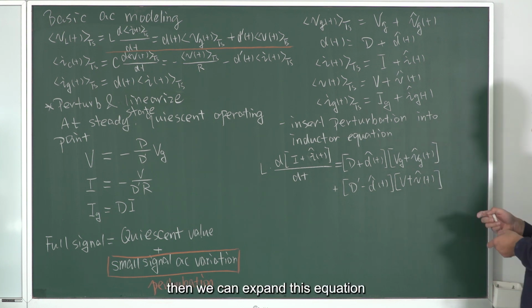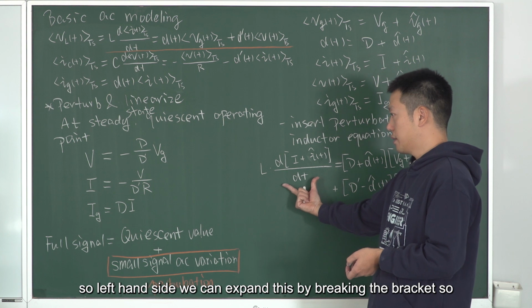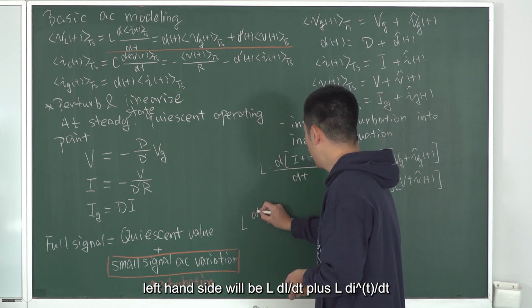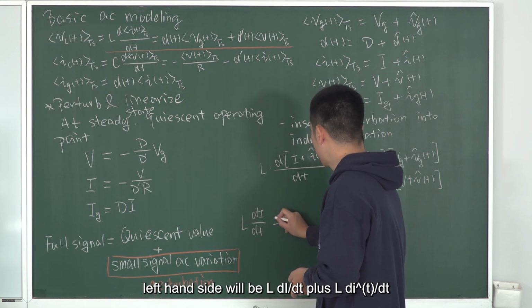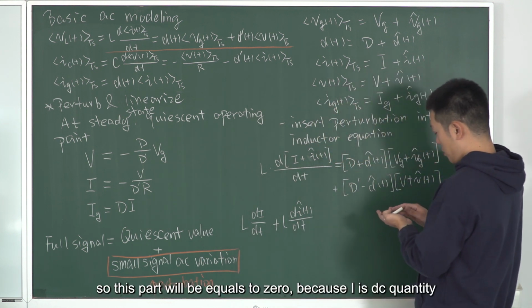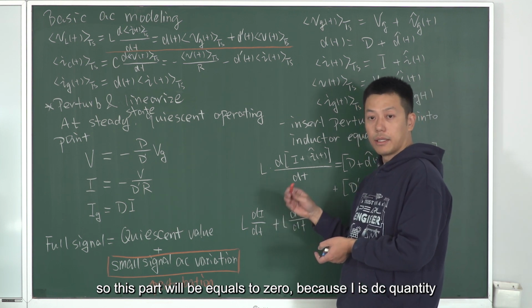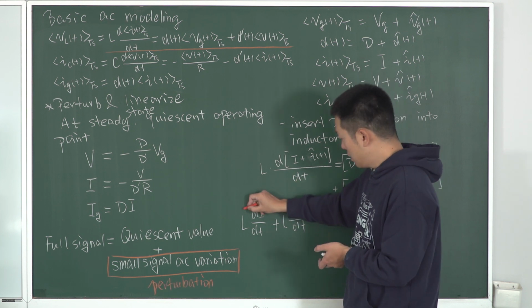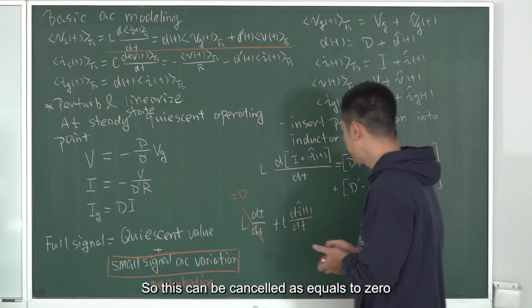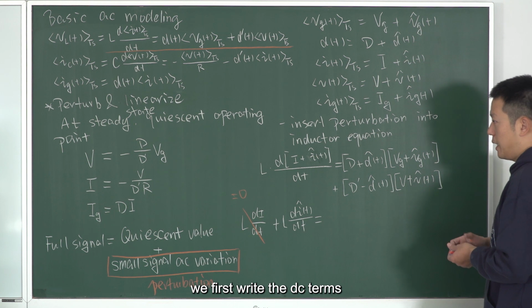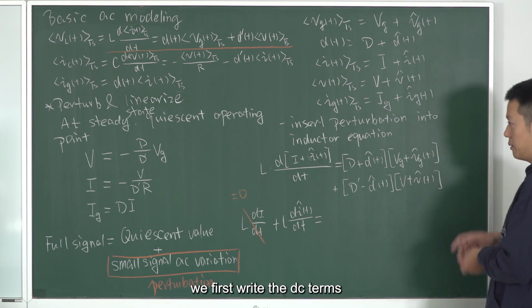Then we can expand this equation. So left-hand side, we can expand this by breaking the bracket. So left-hand side will be L di over dt plus L di cap over dt. This part will be equal to 0 because I is a DC quantity, which means that it doesn't vary with time. So this can be cancelled. On the right-hand side, we first write the DC terms, right?